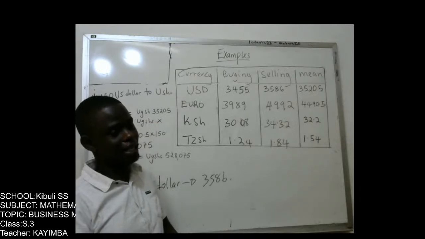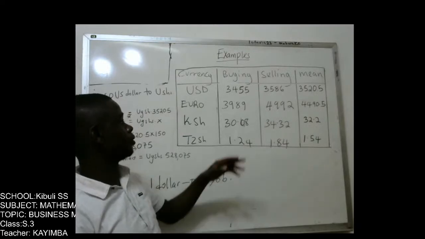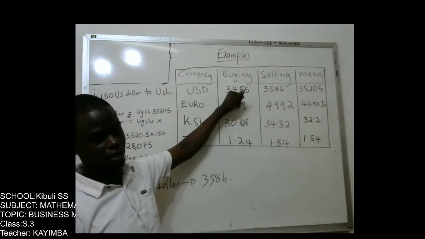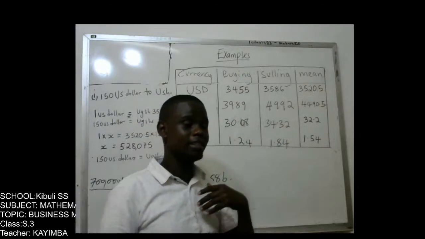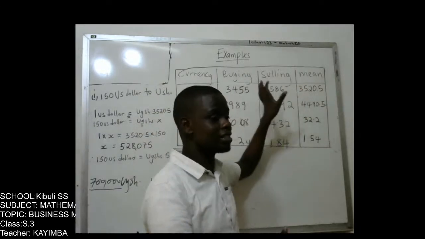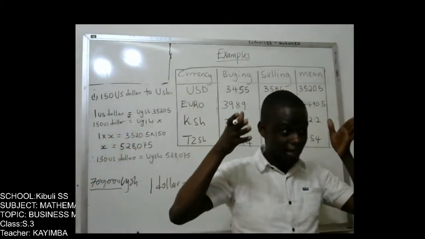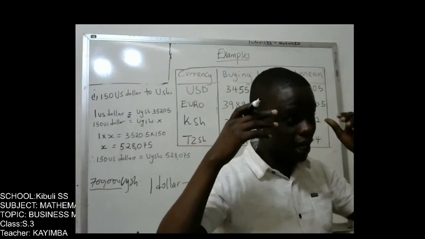Is the banker buying the dollars or selling the dollar? Buying dollars. Now we are using this. But if it is you who want the dollars, you pay this. Because for them, this is selling. It's not for an individual, it's for the bank. The banker is selling the dollar at this.